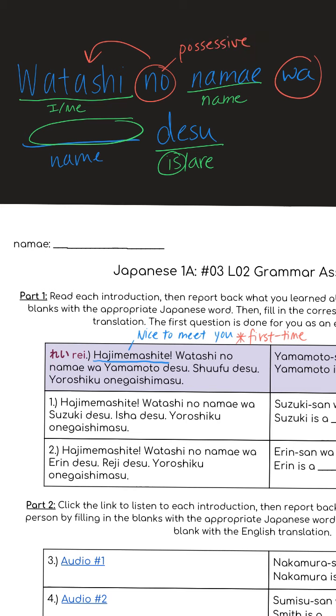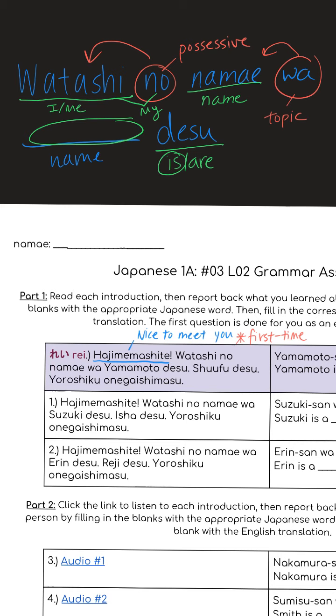So it turns watashi, which means I or me, into my. So watashi means I or me, and then watashi no means my. All right, and then let's look at wa. So wa is our topic particle. It tells us what the topic of our sentence is. So in this case, it's saying that watashi no namae is the topic of the sentence. Or in other words, my name is the topic of the sentence.